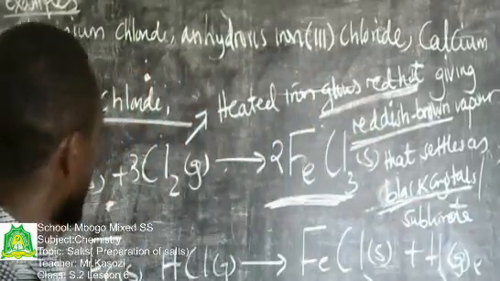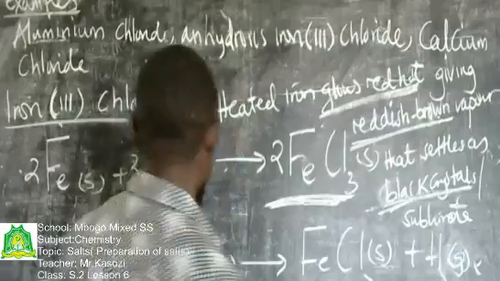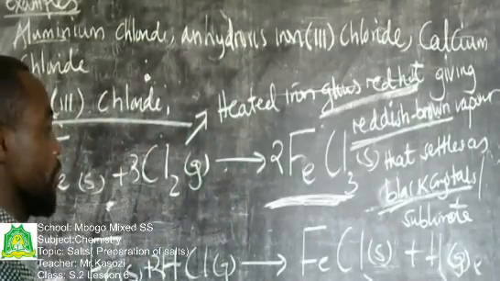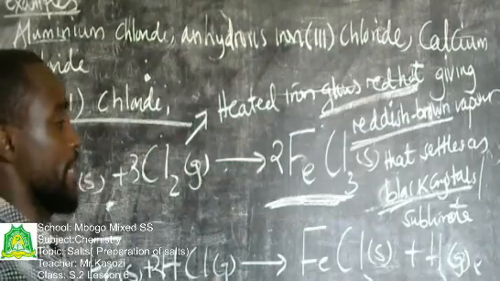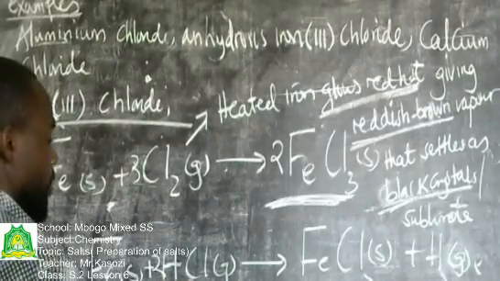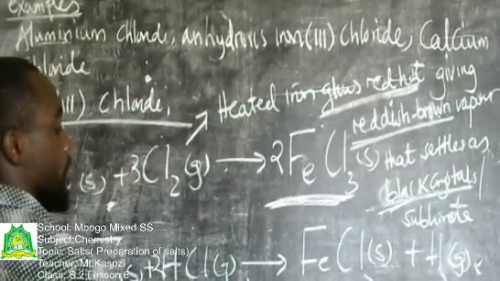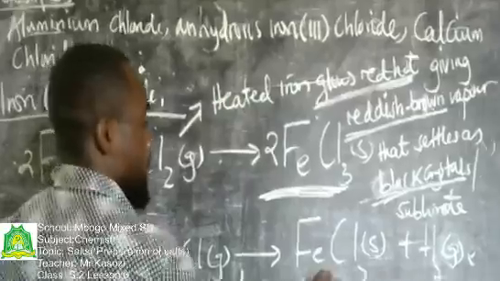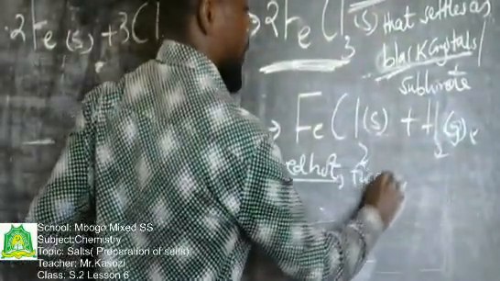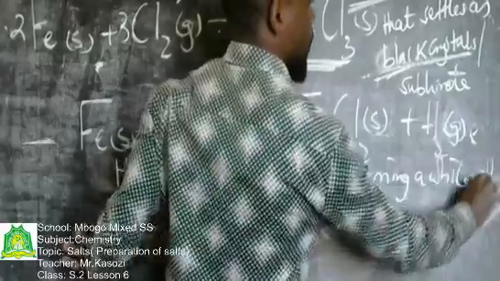So iron 2 chloride is also prepared by the same method, but for iron 2 chloride we use hydrogen chloride gas. So when hydrogen chloride is passed over heated iron, here we shall say heated iron glows red hot, forming a white solid.